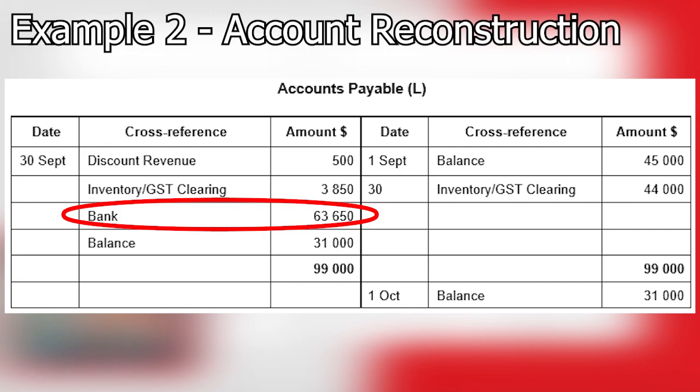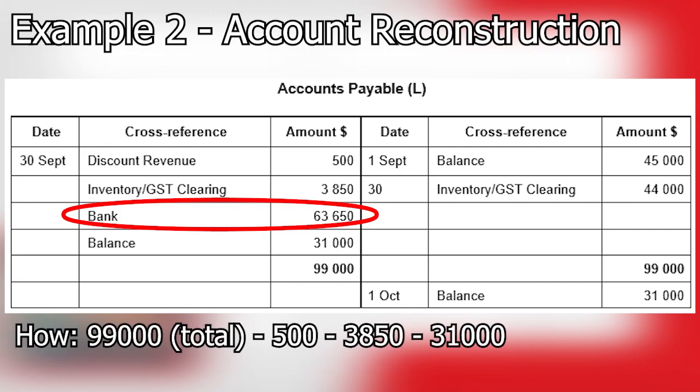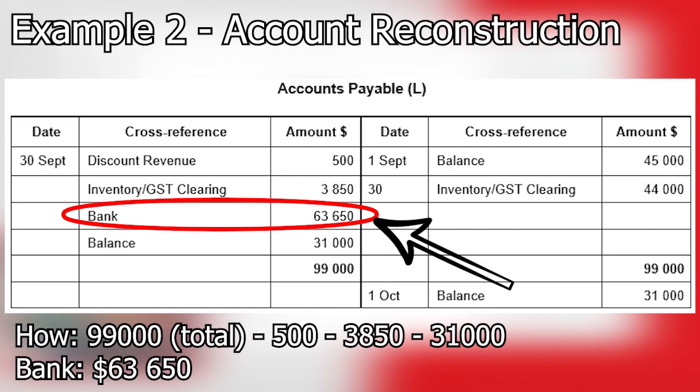The way we reach that number is 99,000 minus 31,000 minus 3,850 minus 5,000, giving us the bank 63,650. And that is the number, that bank 63,650, that will go in the cash flow statement as an operating outflow. So just making sure we include that info.